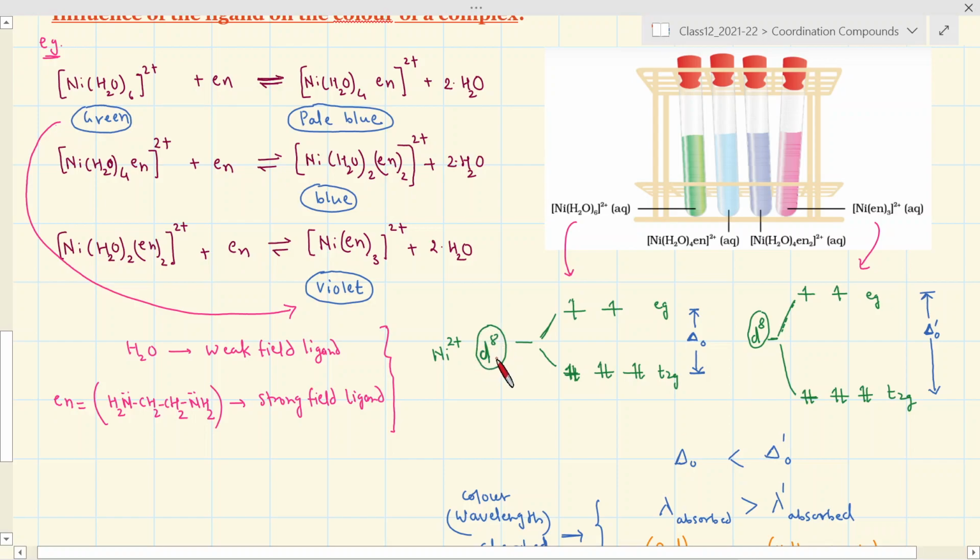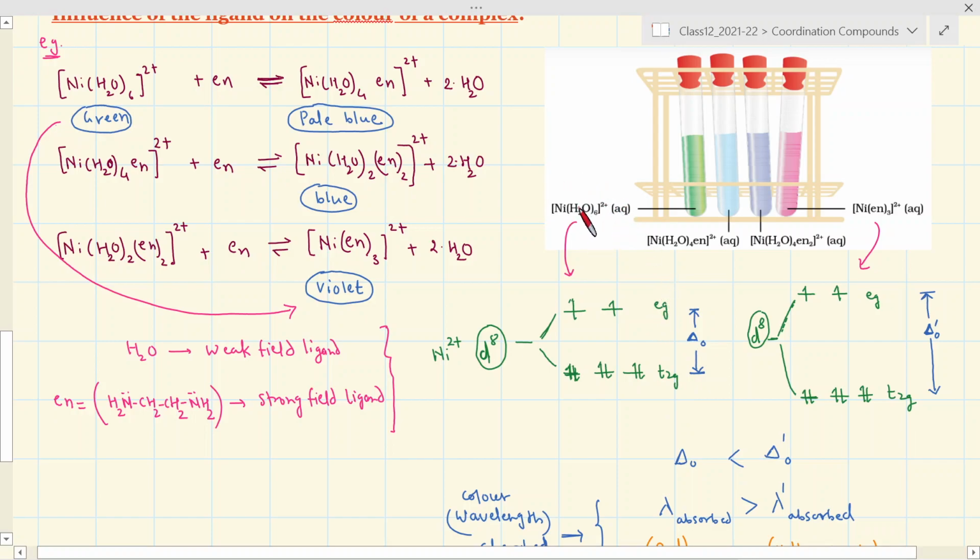Now all we need to do is the distribution of these 8 electrons into the lower t2g and eg orbitals, which will be the same in this complex compound and this complex compound. The only difference that we will have right now will be the level of splitting or the level of energy separation between the t2g and eg type of orbitals.